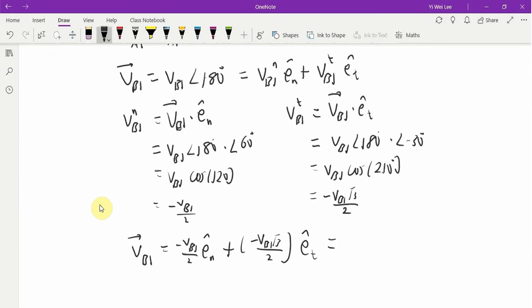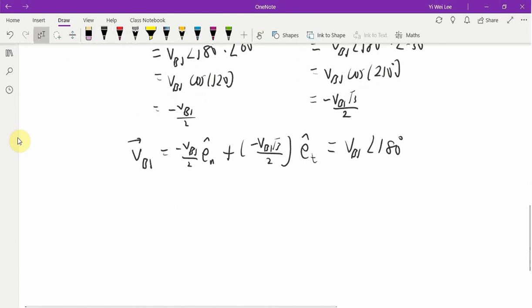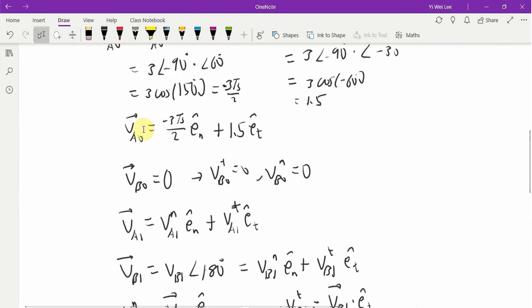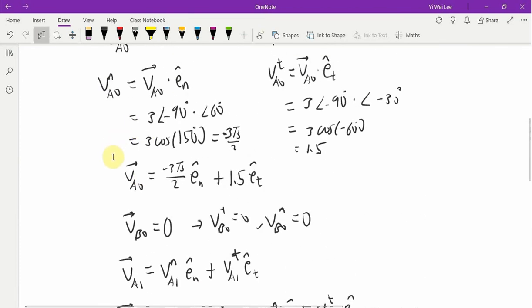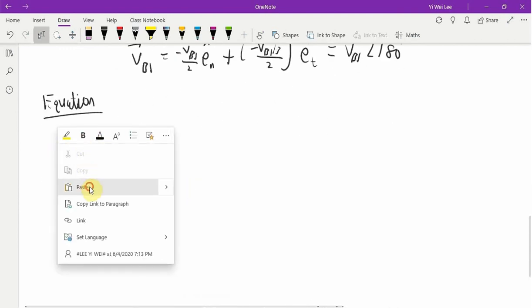And it can also be expressed in terms of VB1 direction 180. We need both these expressions eventually. So let's see what equations we have till now. Let's make everything nice and orderly. We have the equation for VA0, right? Let's just place it down here.